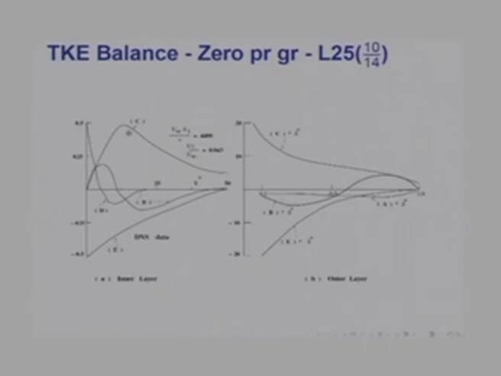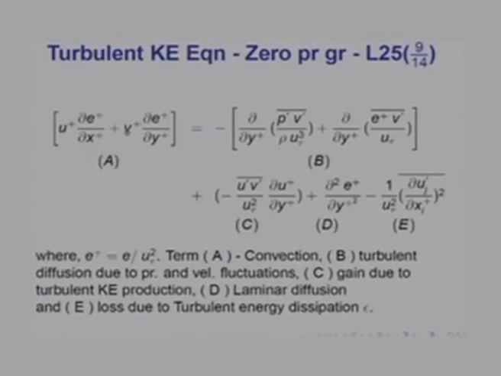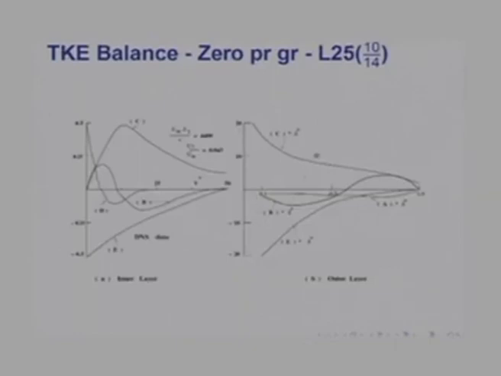Finally, we will look at term C, which you will recall. Term C is the gain of turbulent kinetic energy; this is the lost term in the mean kinetic energy equation, which turns out to be the gain term in the turbulent kinetic energy equation, and it is a gain due to the turbulent kinetic energy production term. So, C is the production term, and that is what you see here.